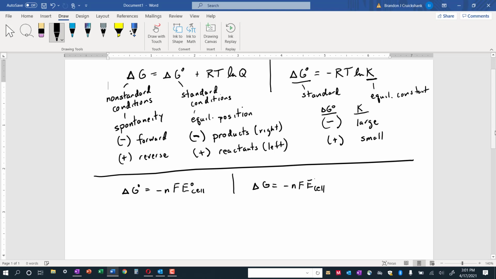We can write this same equation relating the free energy change and the cell potential at both standard conditions and non-standard conditions. We'll work problems in class where we plug in and solve.